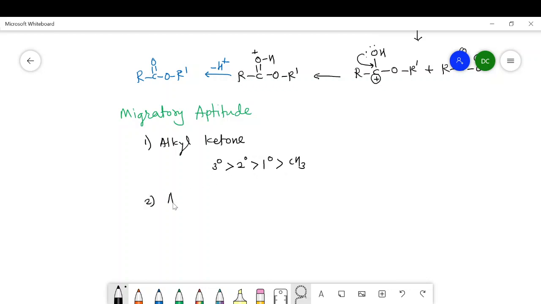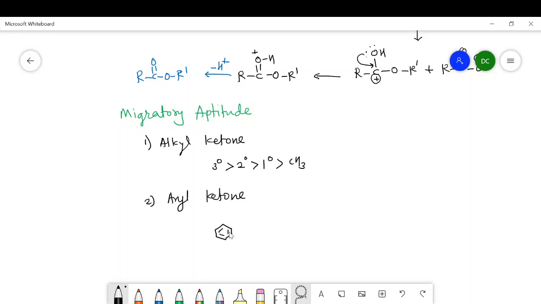In aryl ketones, if the aryl ketones are present in the Baeyer-Villiger oxidation process, then the migratory aptitude is like this. Suppose the aryl ketones have a structure like this.